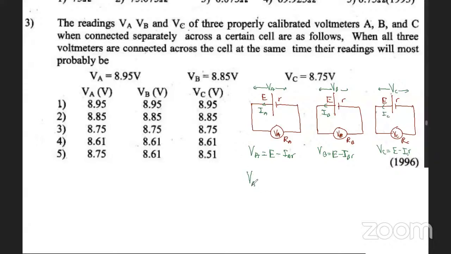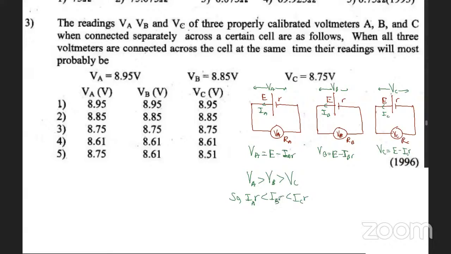Now we can say VA is bigger than VB is bigger than VC. That means in VA we have subtracted a small number. So I can say IAR is smaller than IBR, smaller than ICR. Hope you can understand this.